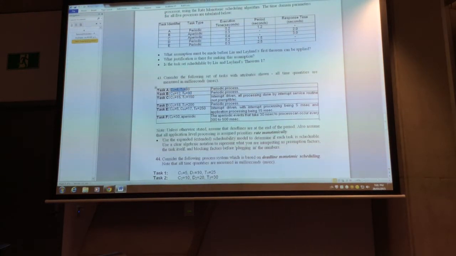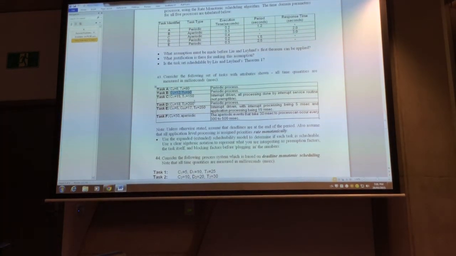Yep, that's that. CA over TA plus CB over TB plus the same blocking factor that we have for the previous one, as a function of task B's period. So we'll have CC plus CEI over TB. Must be less than or equal to U of 2.